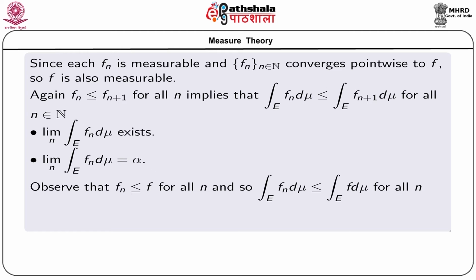So, f(x) is always greater or equal to Fn(x) for all x. So, Fn is less or equal to f for all n, and so integral Fn dμ over E is less or equal to integral f dμ over E, and this is true for all n.